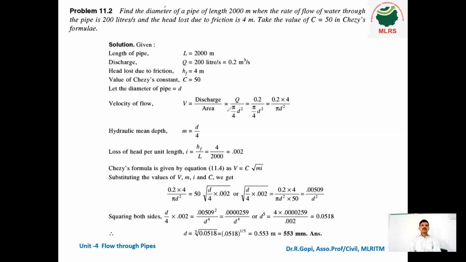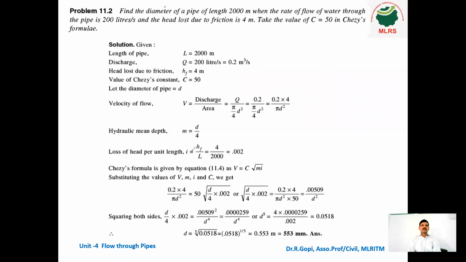So Q divided by pi by 4 into D square. Discharge is 0.2, so 0.2 divided by pi by 4 into D square, which is 0.2 into 4 divided by pi into D square. This is the velocity. We don't know the D value, so keep it as it is.